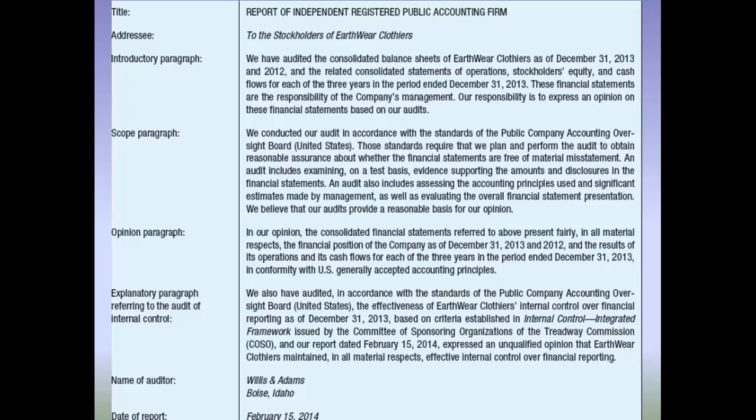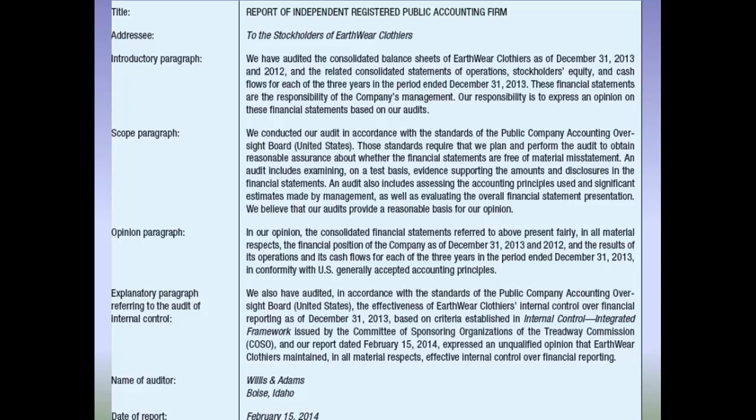I have an audit report here, and frankly, it's very important for you to understand the various components of this. And in fact, when I went to school, one of the things that the professor strongly recommended that we do is that we memorize the audit report and understand every component related to this.